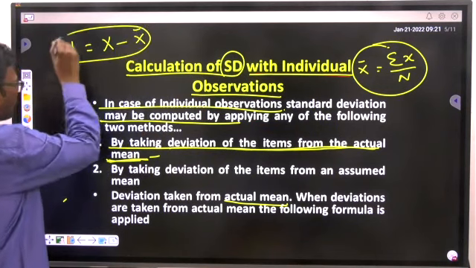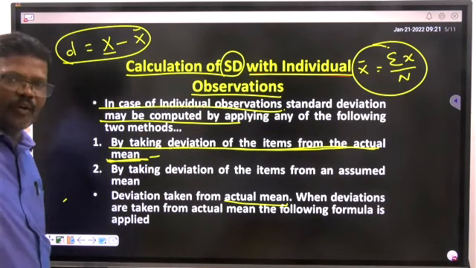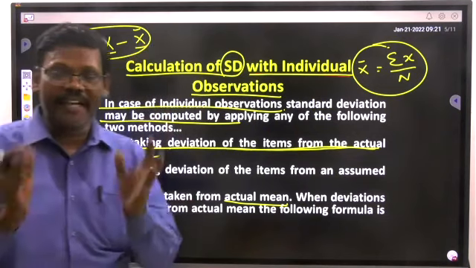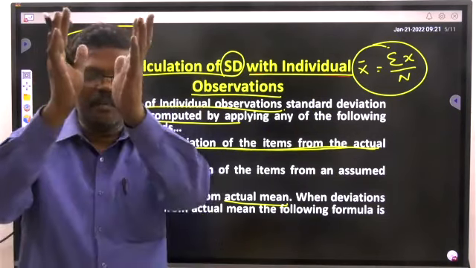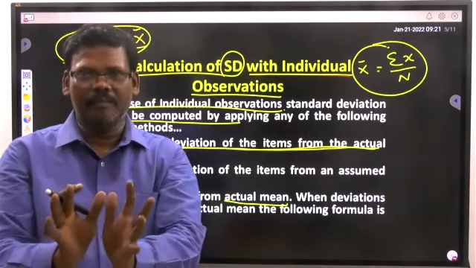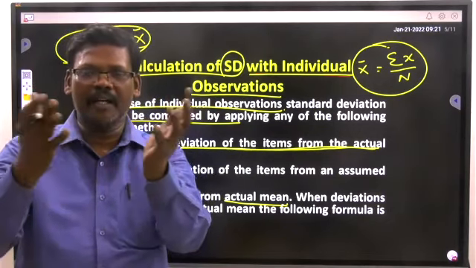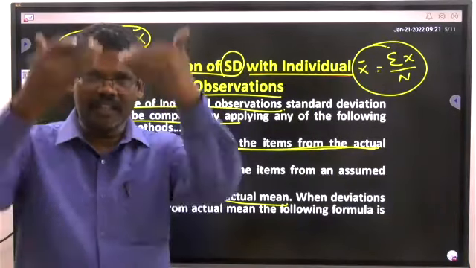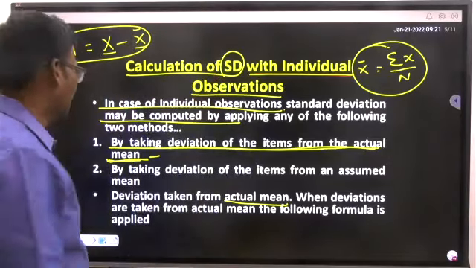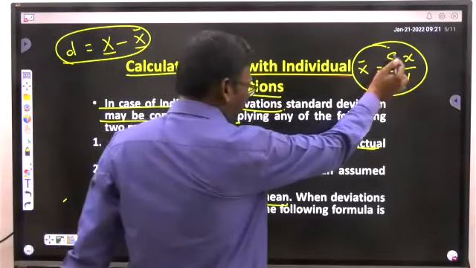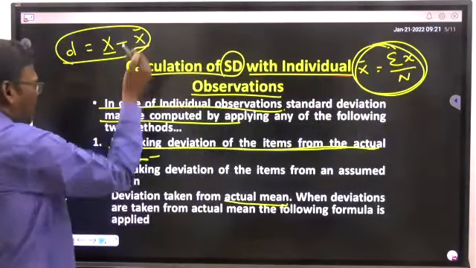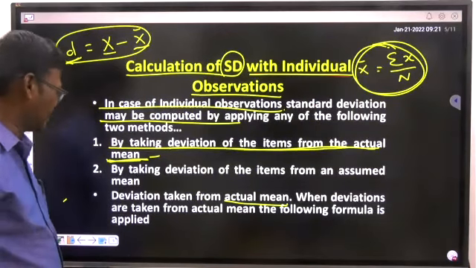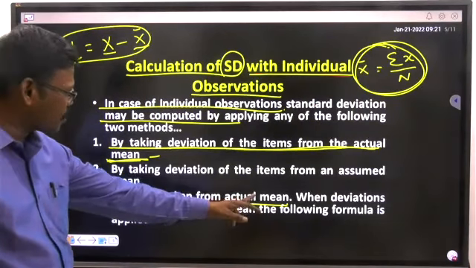Please remember, x is whatever value is given in the distribution, and x bar is the actual mean, that is, sigma x divided by n: sum of observations divided by number of observations. Using this formula we get x bar, and then we get the deviation, taken from the actual mean.